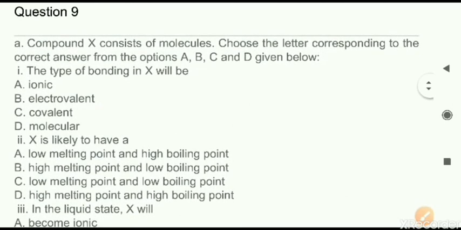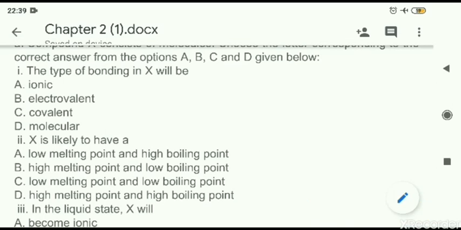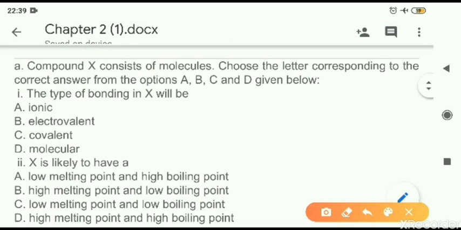Ninth question now: compound X consists of molecules, and we have to choose the letter corresponding to the correct answer. A, B, C, D options are given, and based on that we have to tell about compound X. From the first line you have to take a hint. What are they telling? Compound consists of molecules.